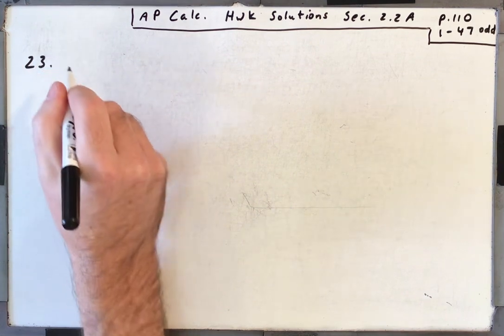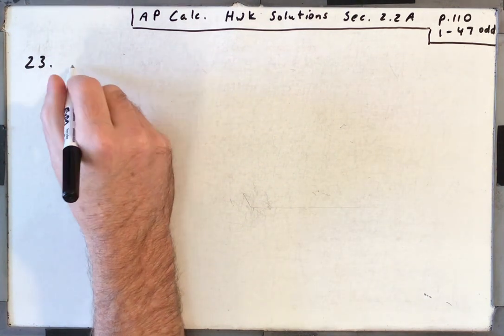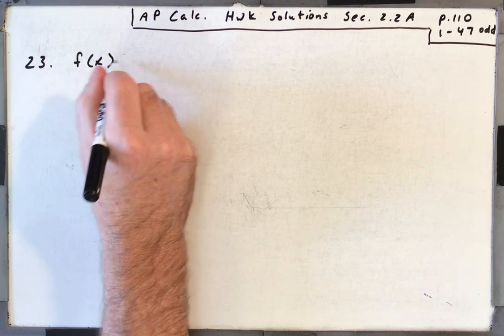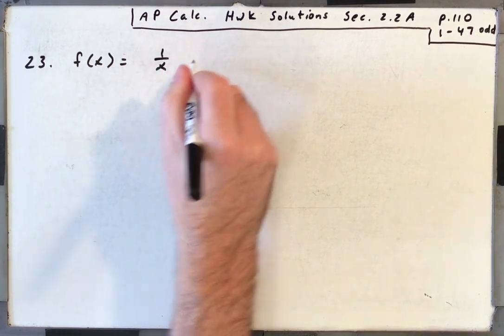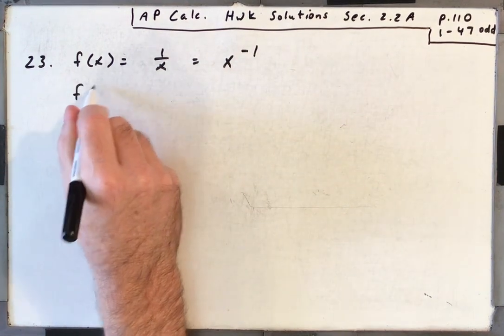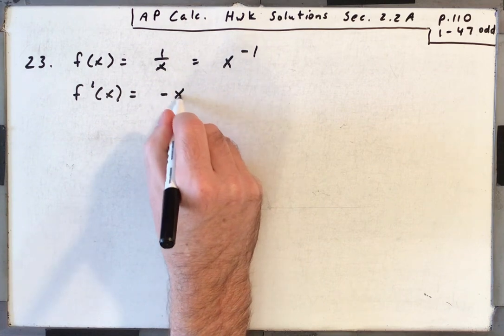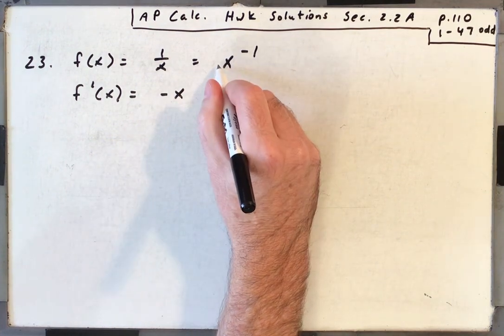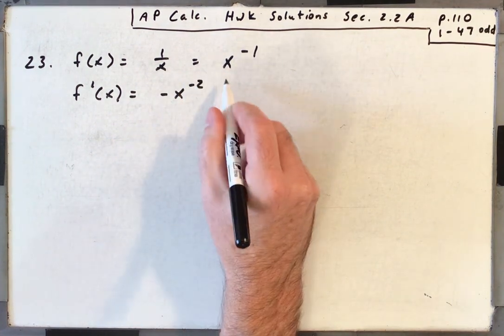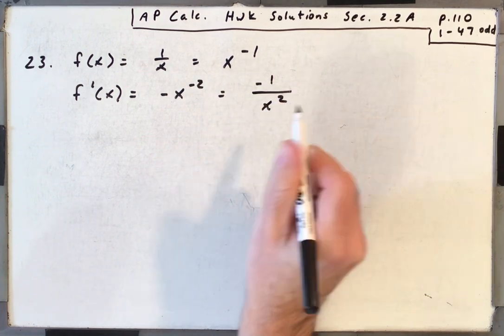That really just means we're taking the derivative and plugging in the x value. So f of x equals 1 over x. I'm going to rewrite that as x to the minus 1. So f prime of x is going to be negative x, bring that negative 1 out front, to the minus 2, which is the same as negative 1 over x squared.